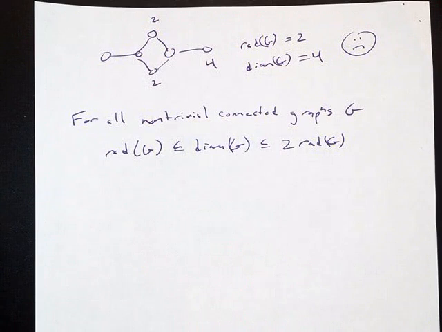Because we're in a metric space. I have the triangle inequality. I want to know the shortest distance from point A to point C. But instead of starting distance from A to C, let's start at a vertex in the center. There has to be at least one vertex whose eccentricity is the radius, right?